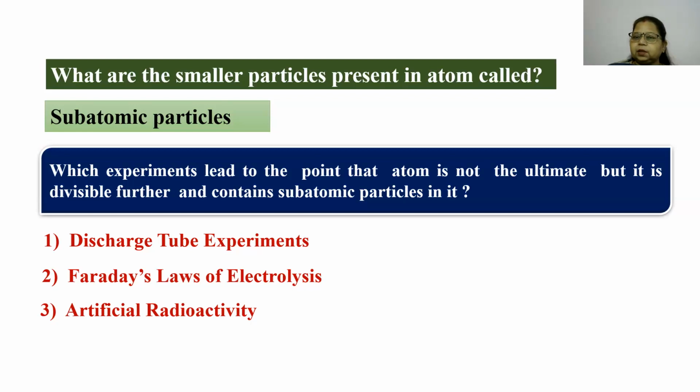Can somebody tell me something about the canal ray experiment? Discharge tube experiments, as you said, you have done it approximately till de Broglie's equation. So this is a discharge tube experiment.